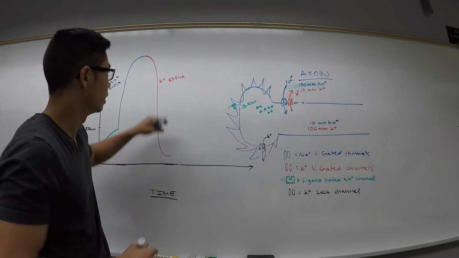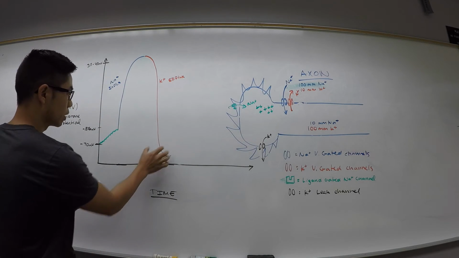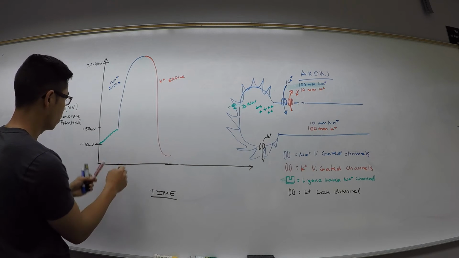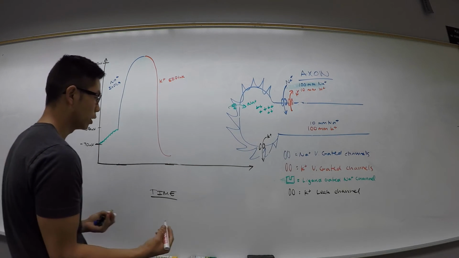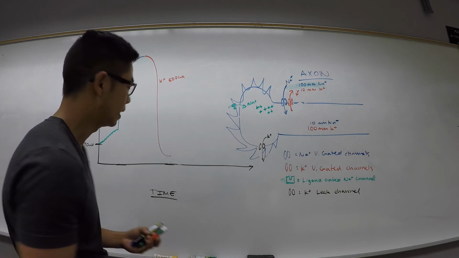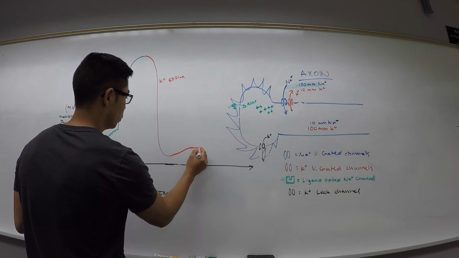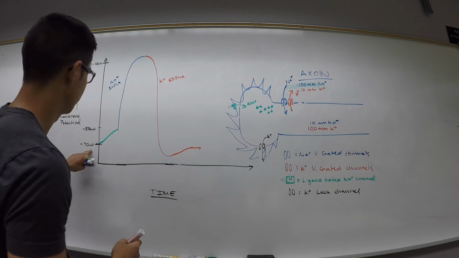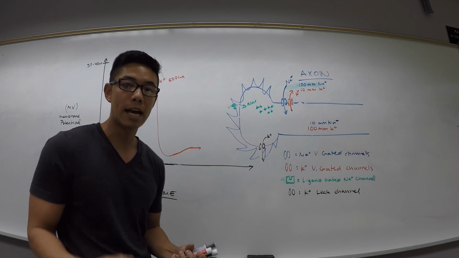Sometimes if our K+ efflux happens a little too much, it's going to result in hyperpolarization, where we're going to go past our resting membrane potential. Eventually, with different types of ATPases, we're going to be able to bring this back to our resting membrane potential of negative 70 millivolts. And that is how one action potential occurs.